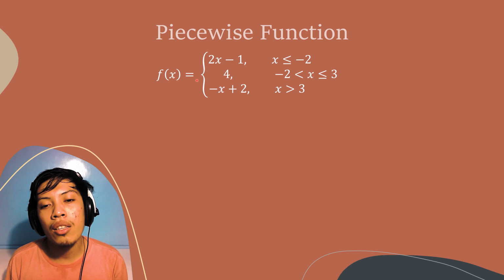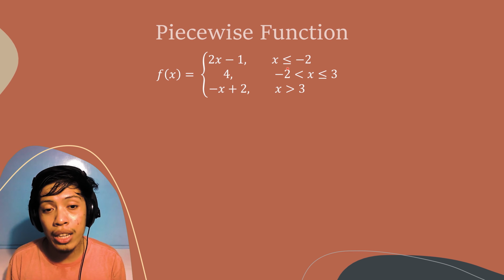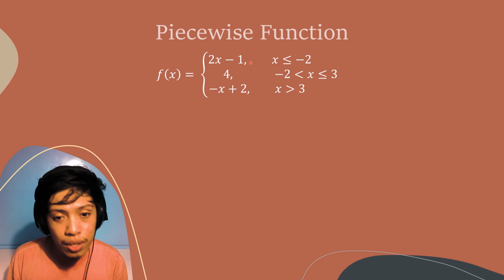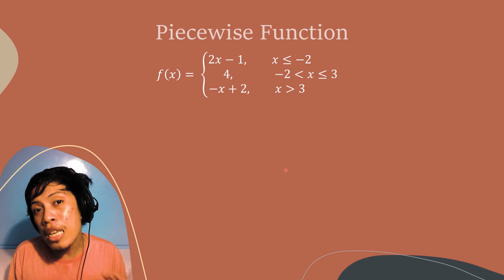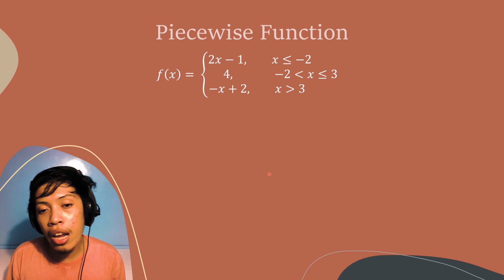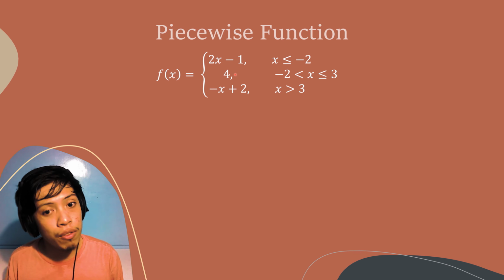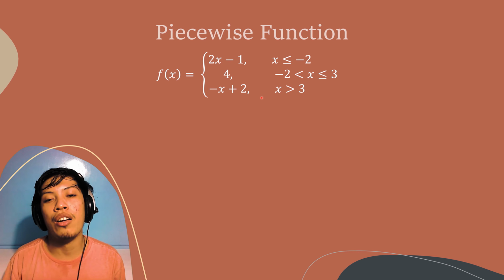So it says that the value of the function is 2x minus 1 when x is less than or equal to negative 2. This first line is just a piece of the function. This is another piece of the function, and this is another part of the function.